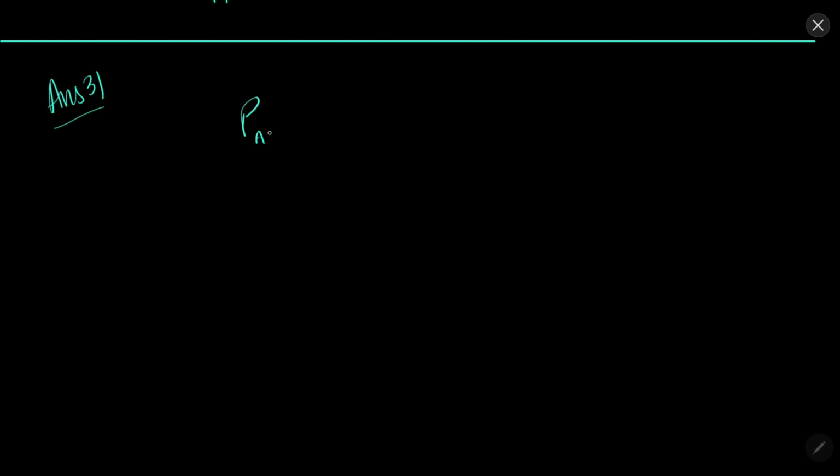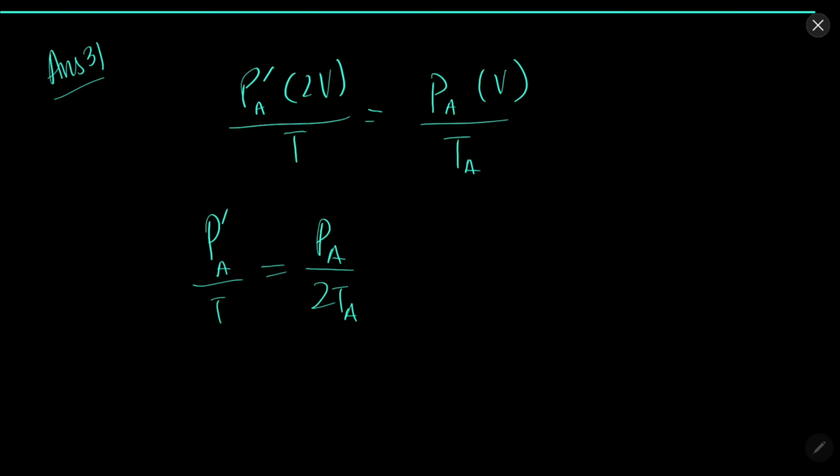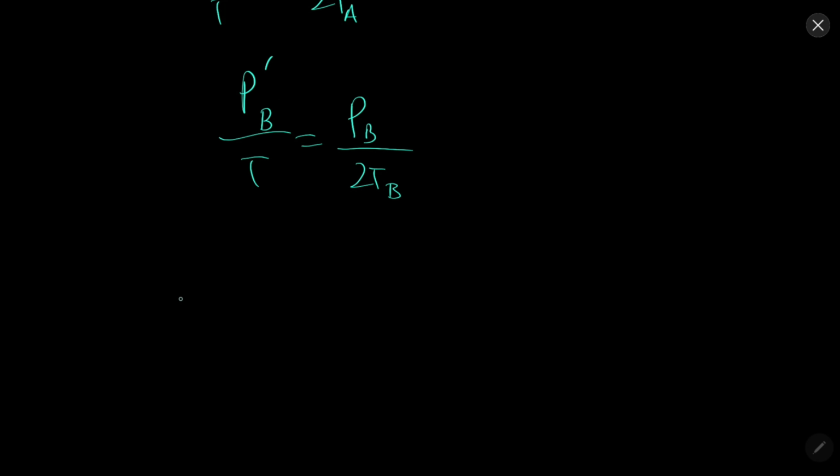So PA dash 2V over T equals PA V over TA, so PA dash over T equals PA over 2TA, and similarly PB dash over T equals PB over 2TB. Now add these two equations.